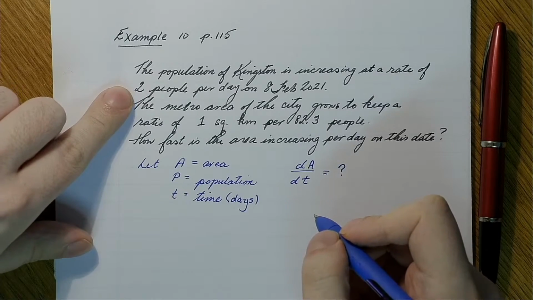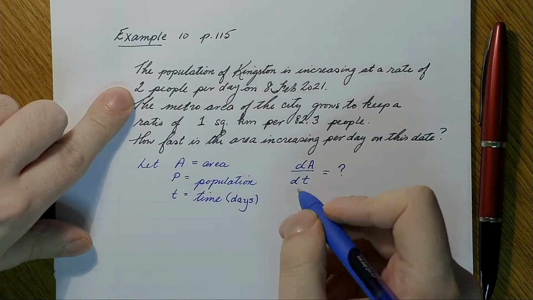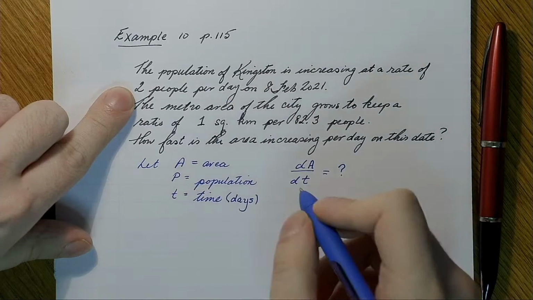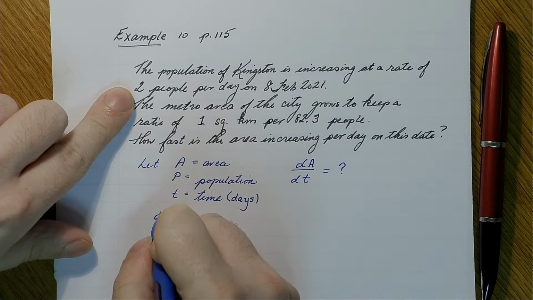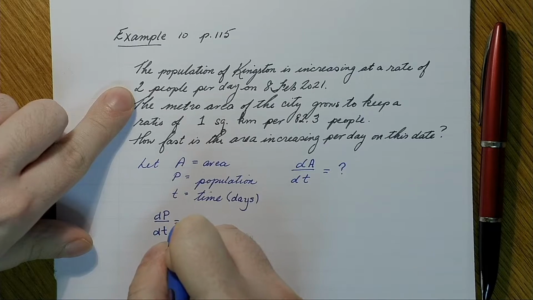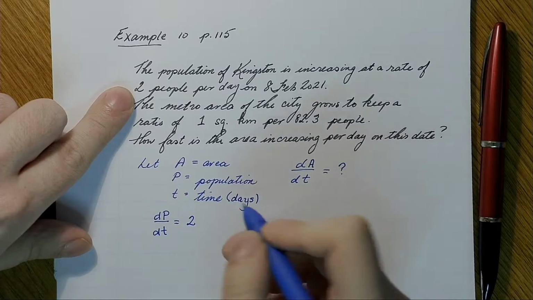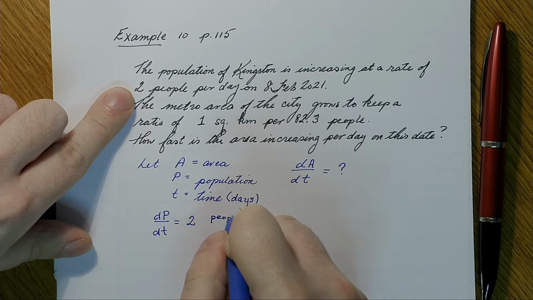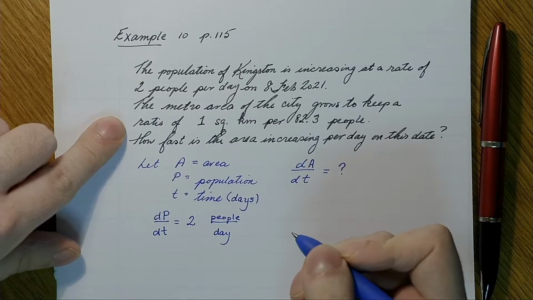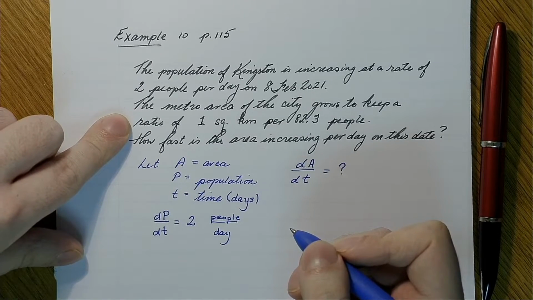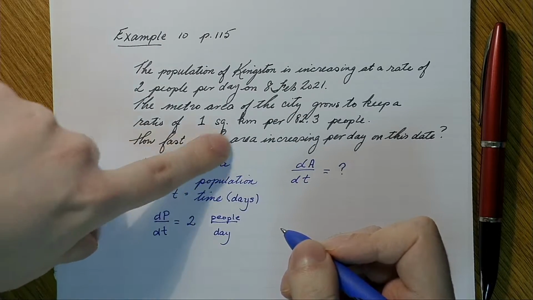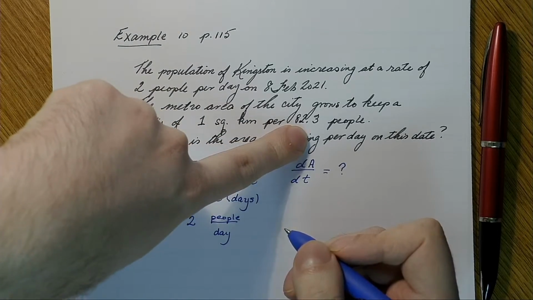Now we're told it's increasing at a rate of 2 people per day. So what they're telling us is the population over time, dP by dt, is 2 people per day. What's the other piece of information that we're told? We're also told that the metro area of the city grows to keep a ratio of 1 square kilometer per 82.3 people.